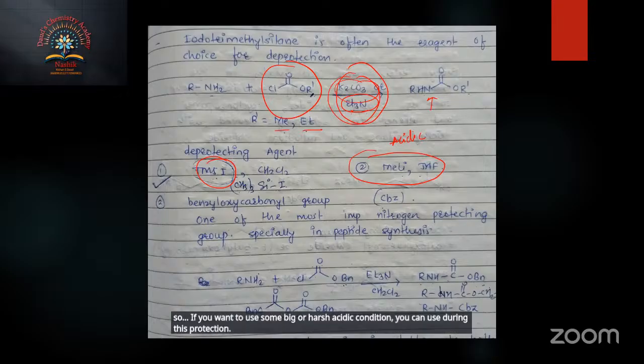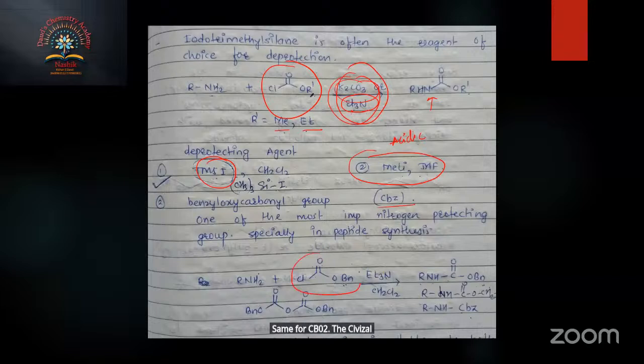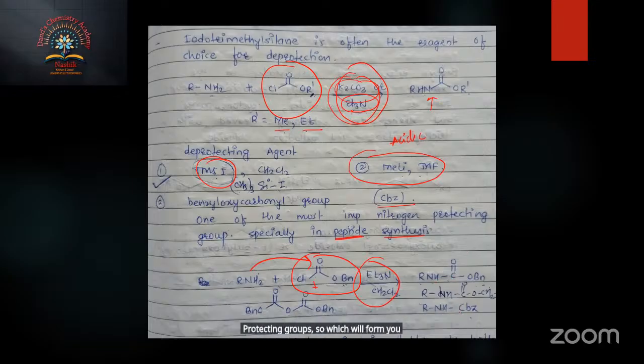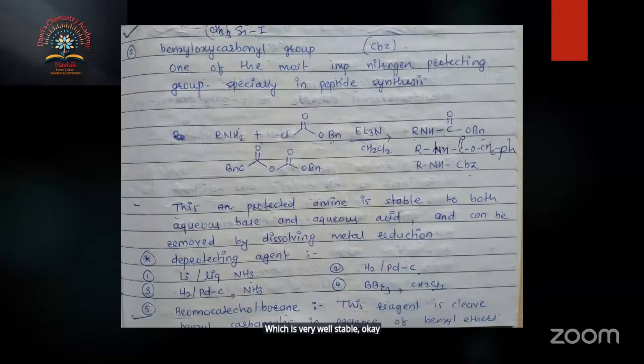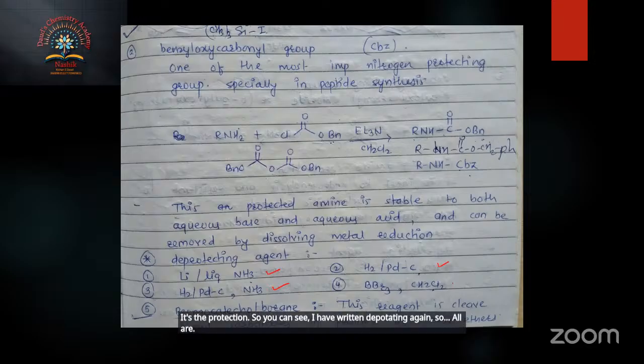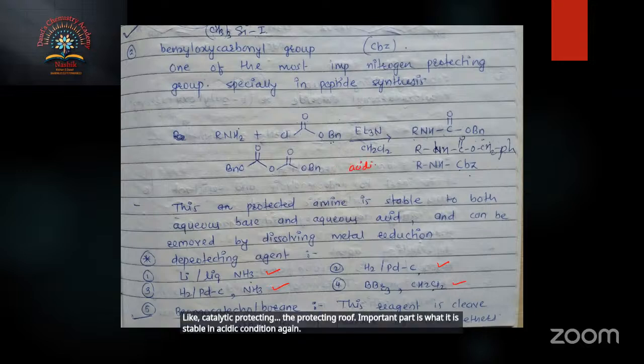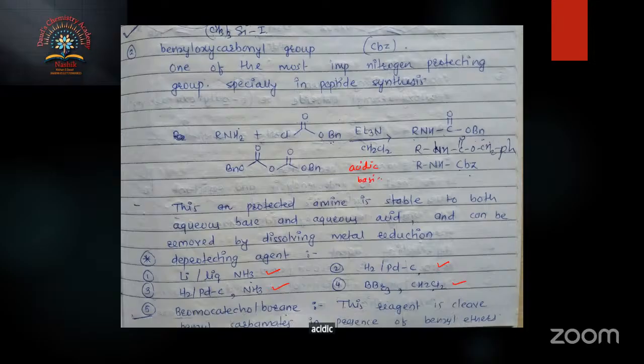Same for the Cbz group. Cbz-Cl can be used during peptide synthesis. Again, amine gets protected in the form of this protecting group, which will form a carbamate that is very stable. What is important is its deprotection. You can see I have written the deprotecting agent. All are catalytic deprotecting groups. The important part is that it is stable in acidic and quite basic condition.